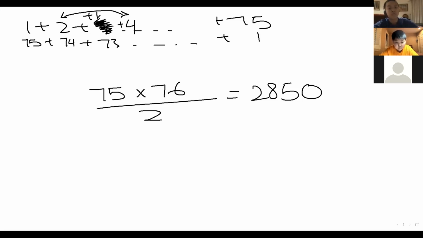So the work of Gauss can be extended to the sum of any list of consecutive positive integers: you take the number of consecutive positive integers, so that's how many numbers you're adding, multiplied by the first number plus the last number. This is how we get our matching terms. 1 is the first number, 75 is the last number. When we add both together, we get 76 in this case, and this is all divided by 2.